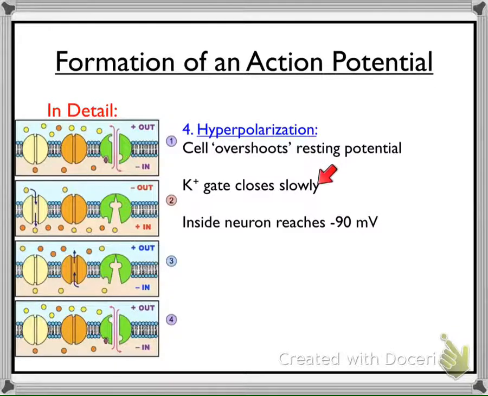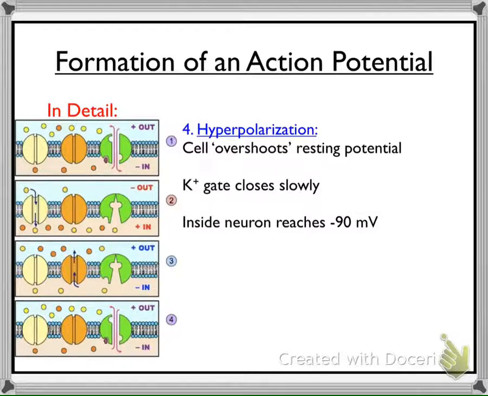So they would like to snap shut at negative 70 millivolts perhaps, but because they're not too quick on their feet, it takes them a little longer, and a few extra potassium are allowed to rush out, and that causes the inside of the neuron to go all the way down to negative 90 millivolts, which is more negative than our resting potential.